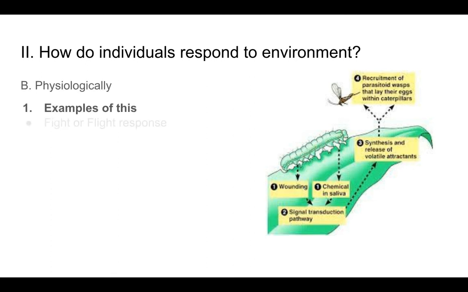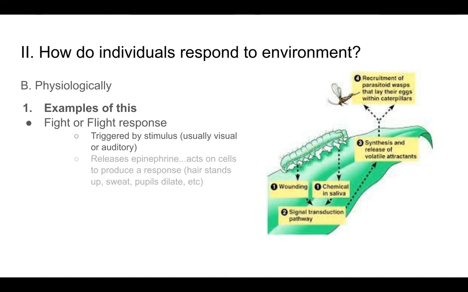So let's write that down here for just a second, and then I'll come back to a second example of a physiological response that is not in a human. So fight or flight, it's triggered by a stimulus. Usually that's something that you see or something that you hear. So a visual or an auditory stimulus. It could be triggered by something that you feel, which would be a tactile stimulus.